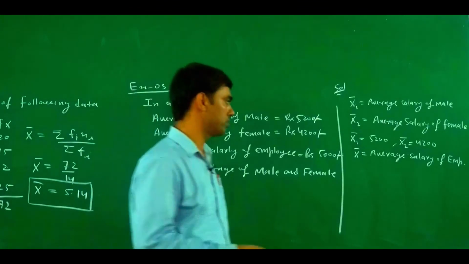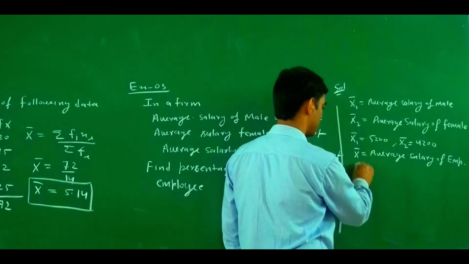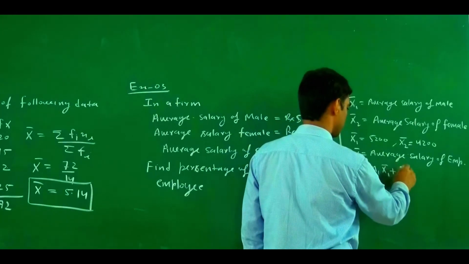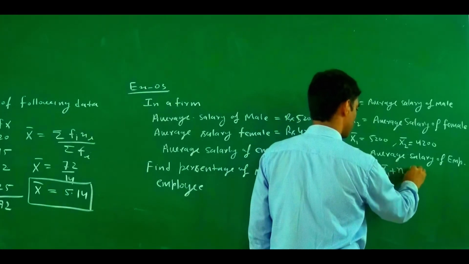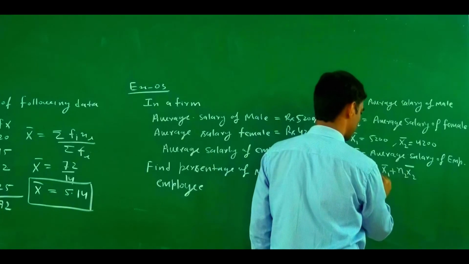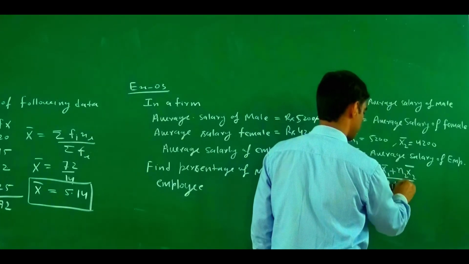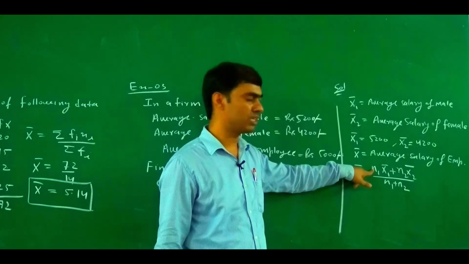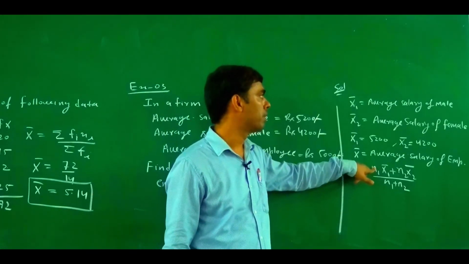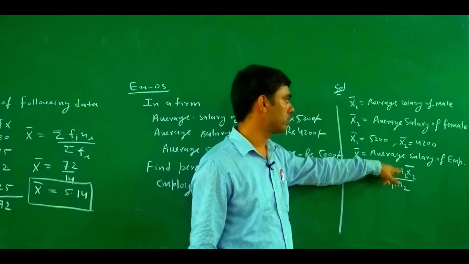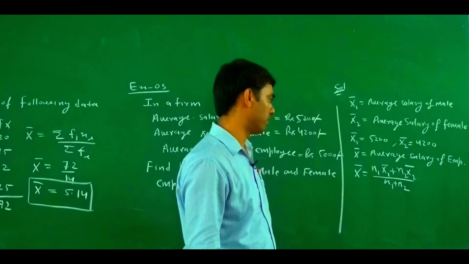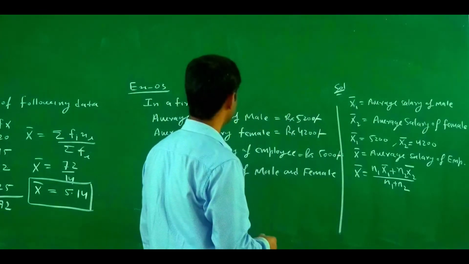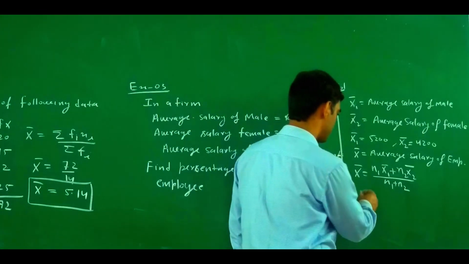X bar equals n1 x1 bar plus n2 x2 bar divided by n1 plus n2, where n1 is the number of male employees, and n2 is the number of female employees.